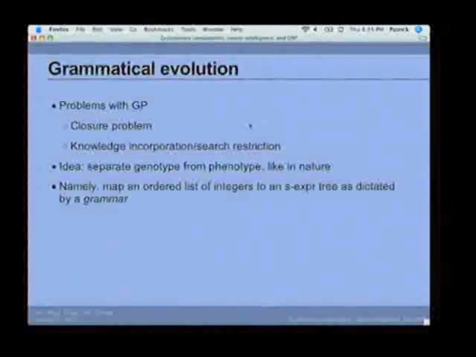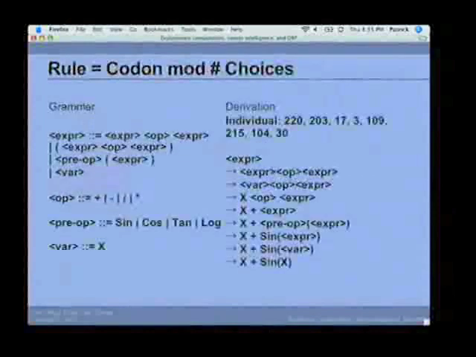So I might be running over time, but basically, say you have this individual here, this list of integers, 220, 203, etc., to 30, and say you have that grammar on the left, which lets you create mathematical expressions, say. These could be something for face recognition, face detection, whatever you're working with. What it does is use the integers to select which rule to expand out, starting from the start symbol, to create a particular individual that you can then evaluate the fitness of.